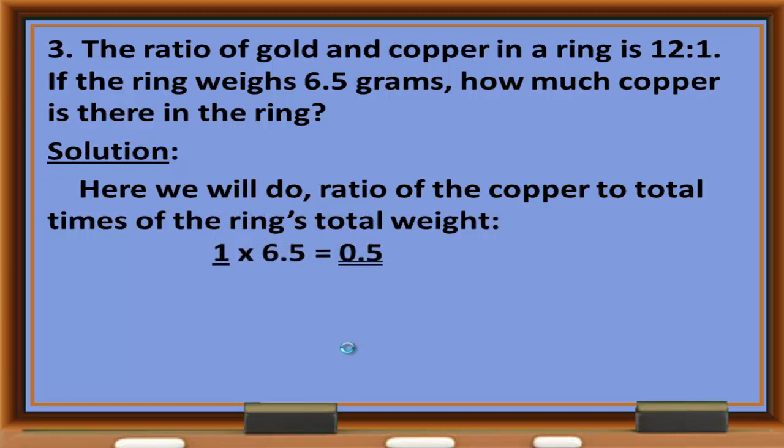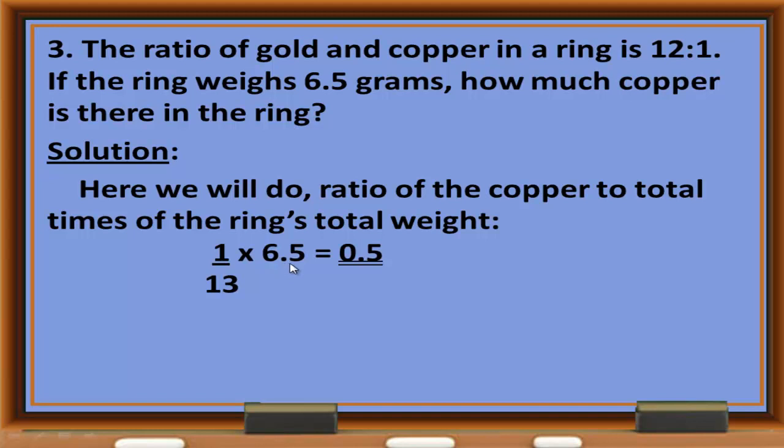That is, the ratio of copper is 1 divided by 13. 13 is 12 plus 1. That is 13 total ratio times the ring's weight. Total ring weight is 6.5 grams.